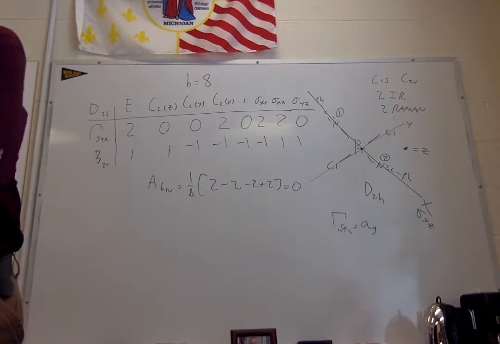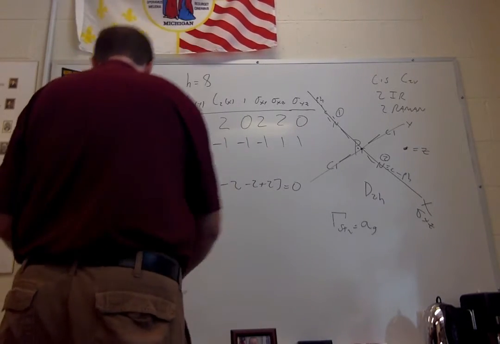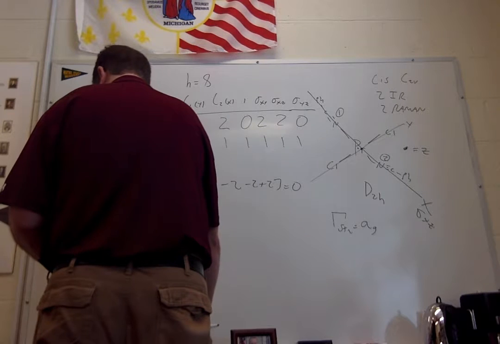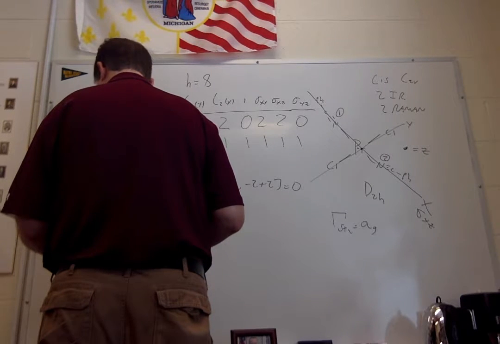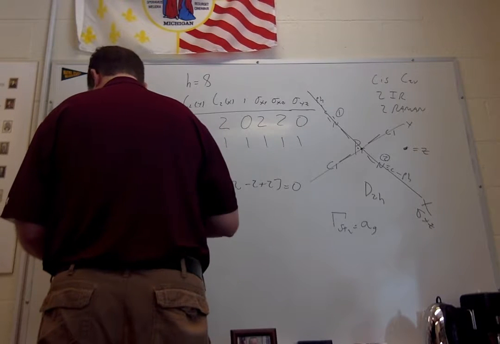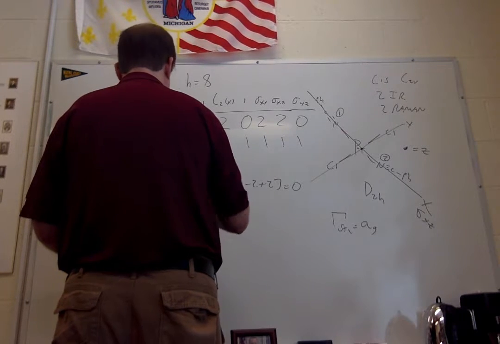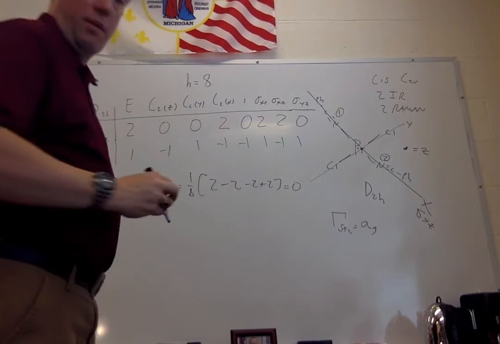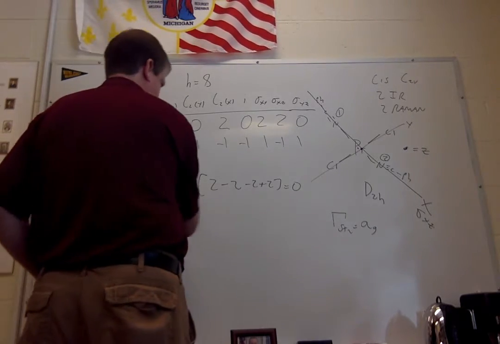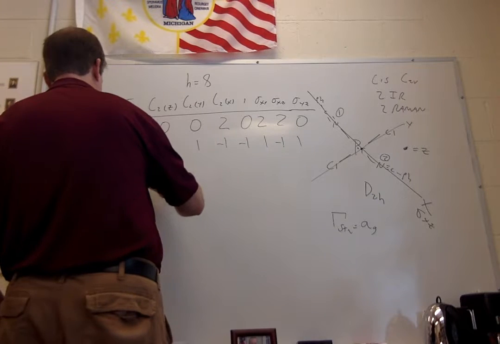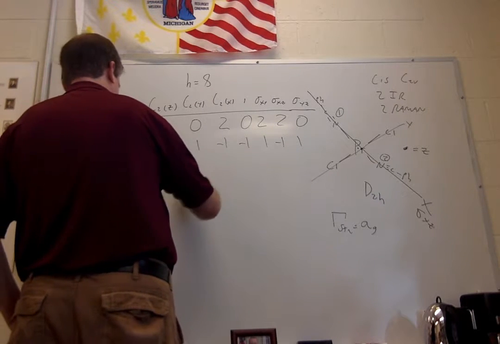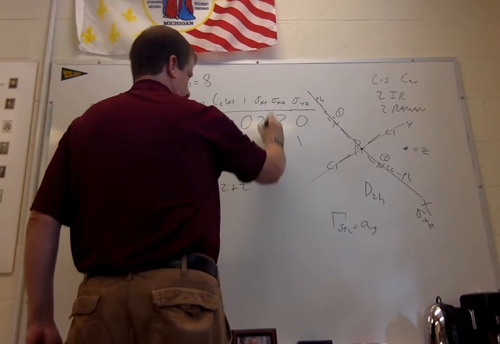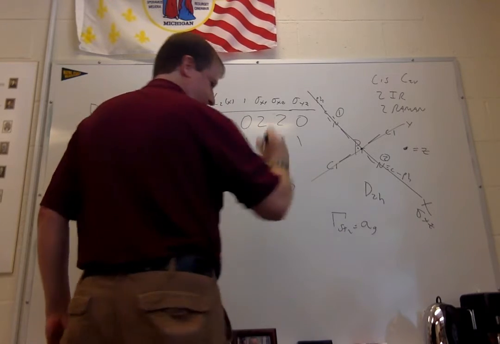B2U. That's that one. We have 2 minus 2 plus 2 minus 2, 0.